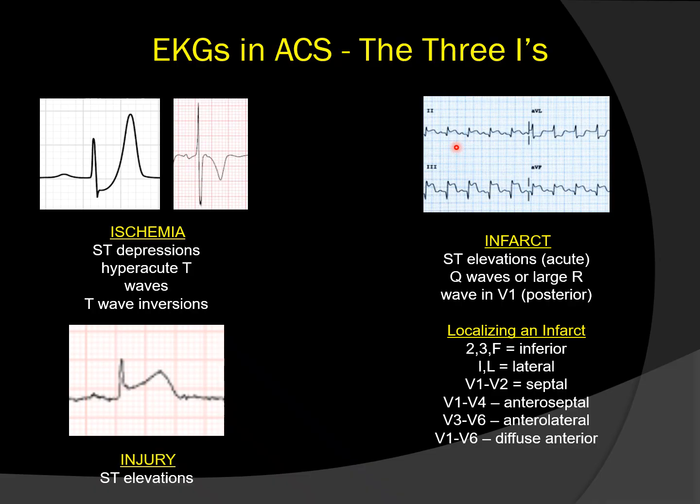A Q wave is the absence of electrical activity towards the lead where you would have an R wave. So you have just the opposite direction Q wave showing a kind of electrical hole, meaning over leads 2, 3, and aVF, there's no initial electrical forces towards the lead because of the infarct.